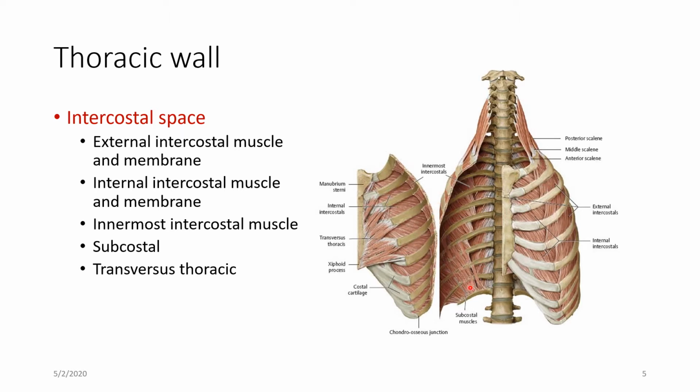So this is the cavity of the thorax, and you can identify the thoracic vertebra, the vertebral bodies and the intervertebral discs, and the inner aspect of the ribs and their attachment with the bodies of the vertebra.